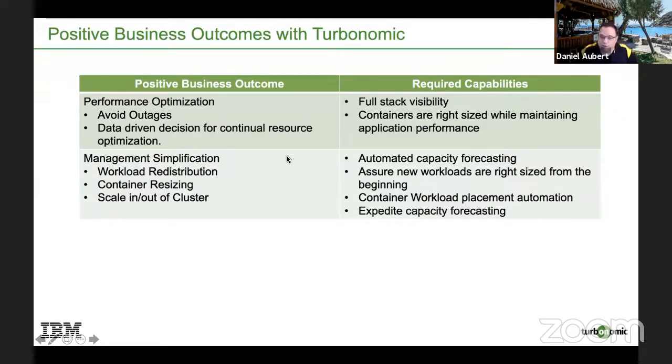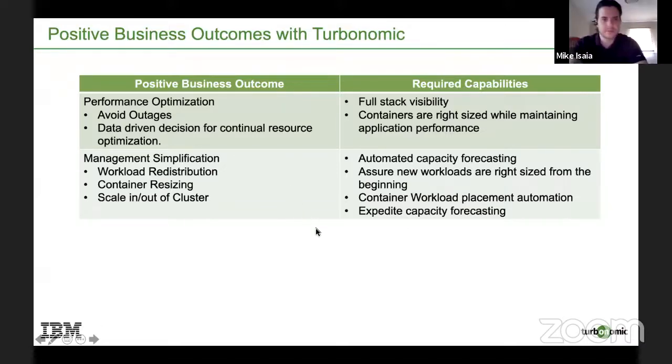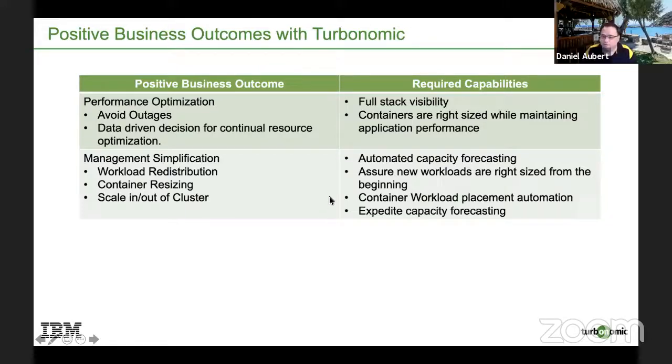Let's go through these. Performance optimization, avoiding outages, and my passionate number one priority here is data-driven decision-making. Are we making decisions with data, or are we guessing, or are we using experience? I'll give you an example. A DevOps engineer sleeps well at night when he's over-provisioned by 50%, and he knows he's not going to run out of capacity while he's sleeping.